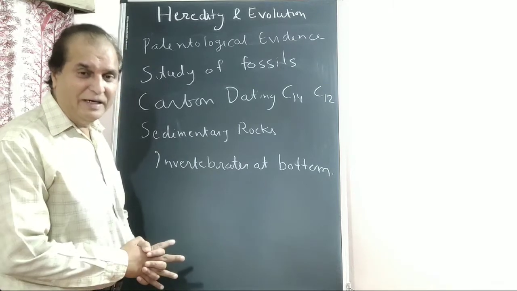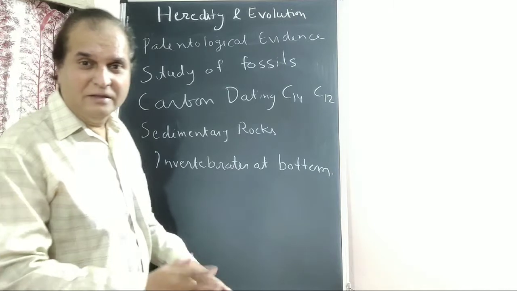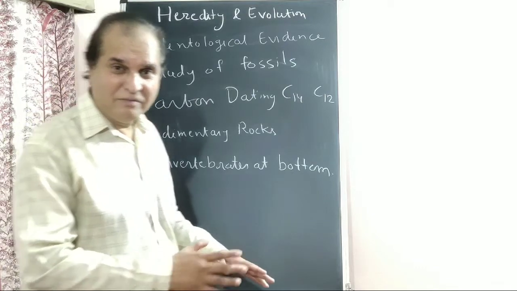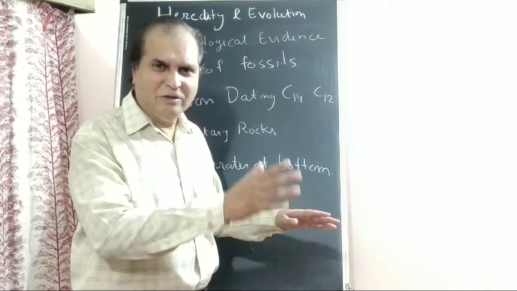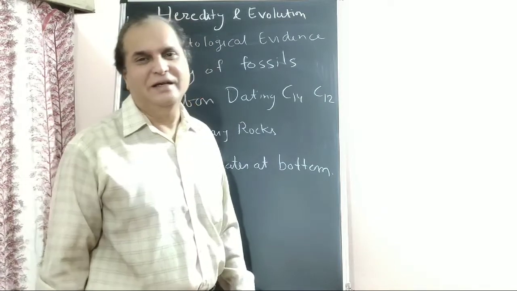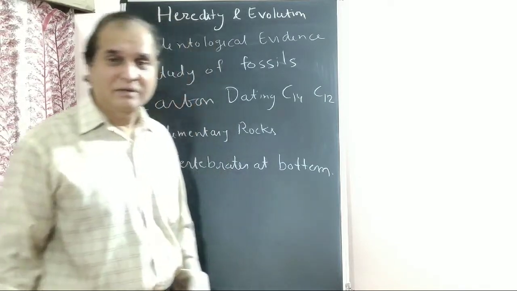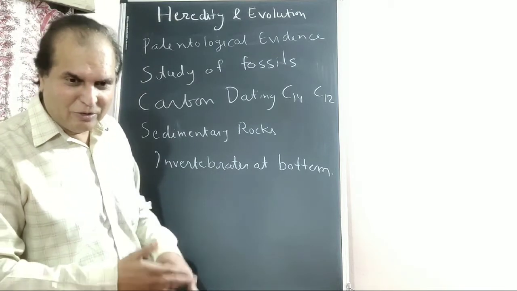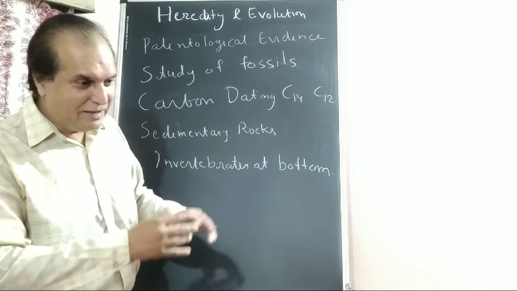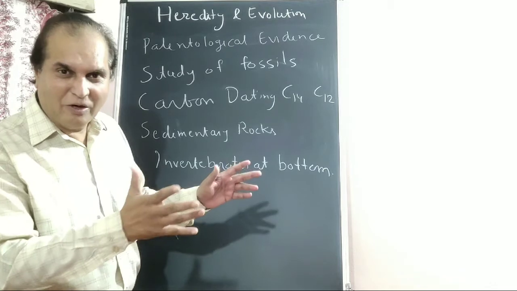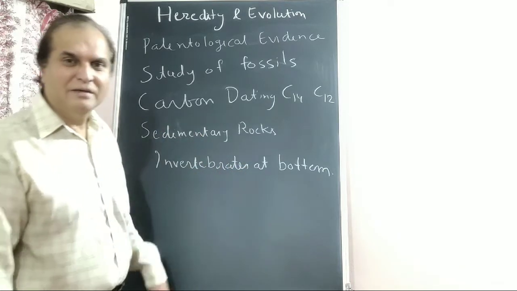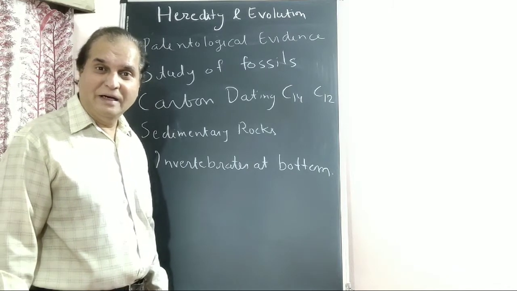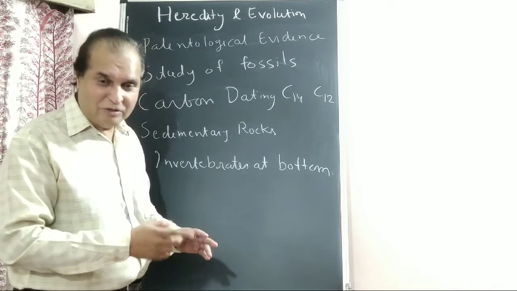Now how are we finding fossils? Sedimentary rocks take a long time. You must have studied in geography. Sedimentary rocks, lower layer, upper layer, slowly the layers form. That also took millions of years. So in the lower layer we just find invertebrates. In the upper layer, slowly developed animals. Then new forms, slowly complex. And in the upper layer we found mega animals. Understanding? And the years also we can find out.